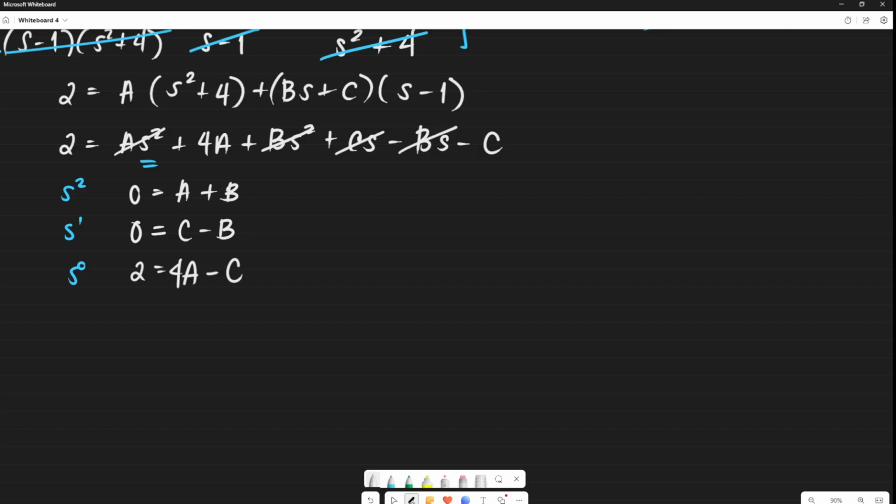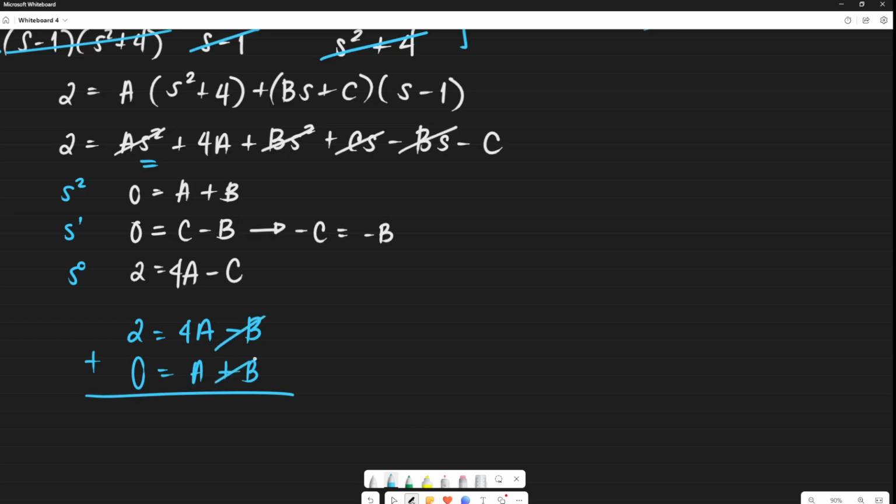So we can simplify this. We know that negative C is equal to negative B. And since we have negative C dito, pwede na nating gamitin to equation na to. So we have 2 is equal to negative 4A minus B. Then add natin yung nasa taas, yung first equation, A plus B. If we add them, of course magka-cancel yung B natin, kasi negative 1 plus 1 is 0 basically.